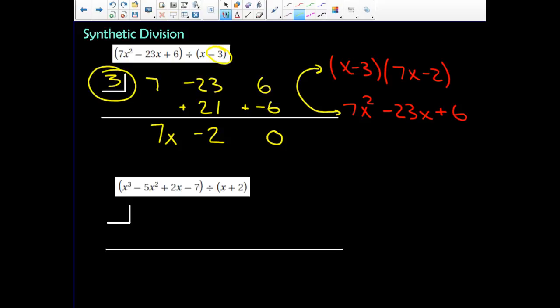But in the end, what this all means is that whatever you get for your answer, this times this is equal to this. That's how dividing works, right? And sometimes it has a remainder and sometimes it doesn't. So this minus 3 part just stays minus 3. I'm just confused why the negative 3 turned into a positive 3 when you rolled. Right here? That's just how the process works.